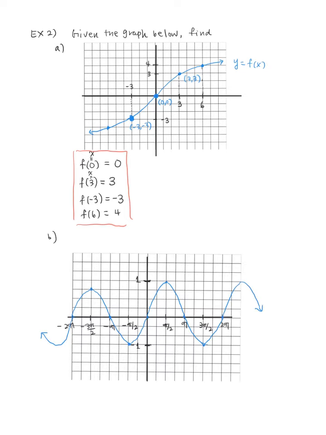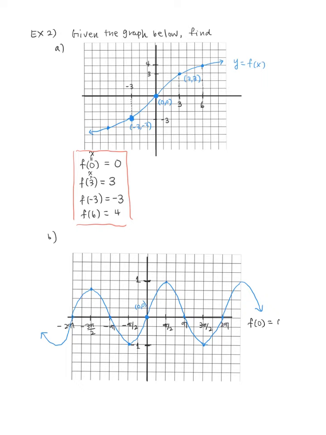This is the graph of y equals sine of x. Let's try to find, oh, I'm running out of room. So let's find f of 0. What is f of 0? When x is 0, what is the corresponding y value? It looks like 0 as well, because this is the point (0, 0).